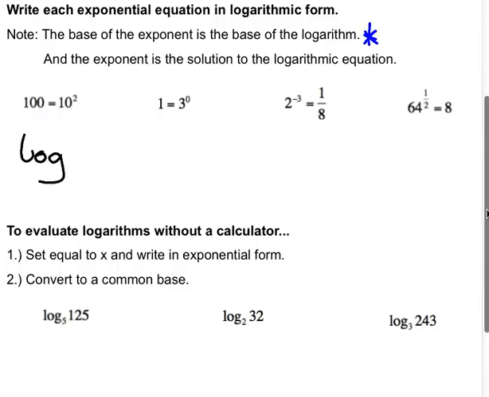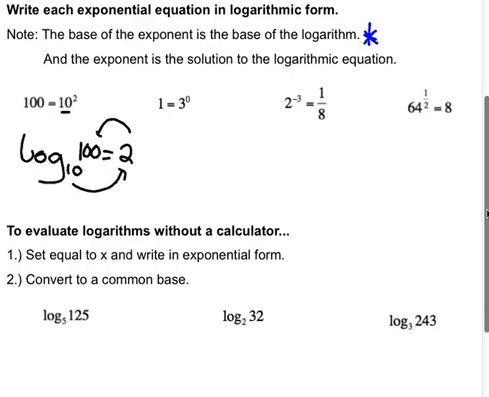Log base, again, that base is the same as the base of the exponent, and the exponent is the answer. Then I just fill in that 100. And again, you can always check it to make sure that you did it right. 10 to the 2 equals 100. Okay? So that's how I would do it in this direction.